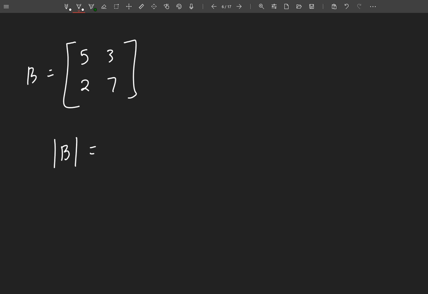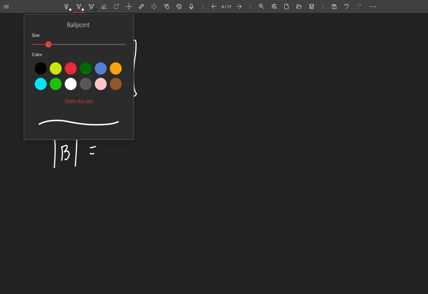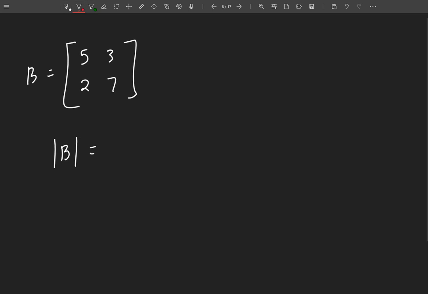All right, try this one, and then we'll do it together. All right, so I'm going to go down from the left, swoop around. That gives me 5 times 7, which is 35, minus 2 times 3, which is 6. That gives me 29. And that's the determinant. Again, super easy. No need to make this complicated. Don't overthink this.